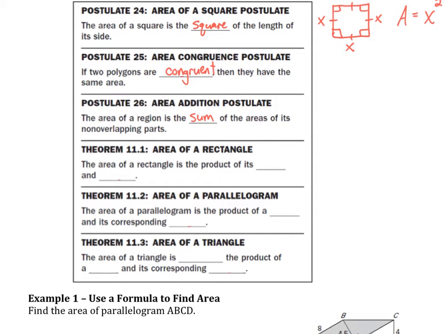So for example, if we have a shape like this, sort of like a house, right? Well, the area of this house would be this red polygon added to this blue triangle.